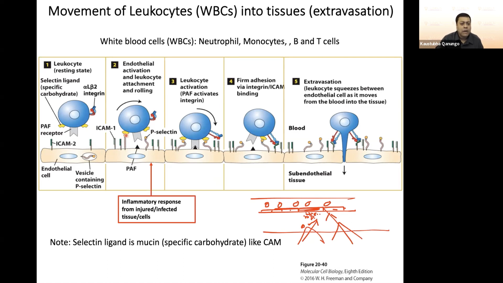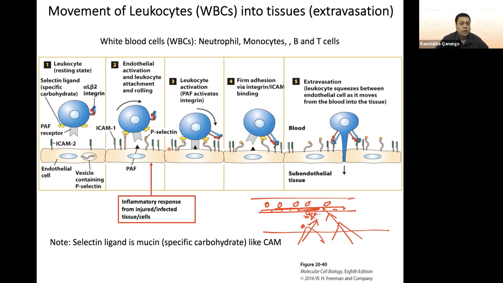Because this interaction between the P-selectin and the selectin ligand is not of very high affinity. So the shear force of the blood that is pushing these will allow it to break and form, break and form, and break and form. So they're just moving along, slowly though. Earlier it was not interacting, it was just moving extremely fast. Now they're kind of rolling on the endothelial cells.